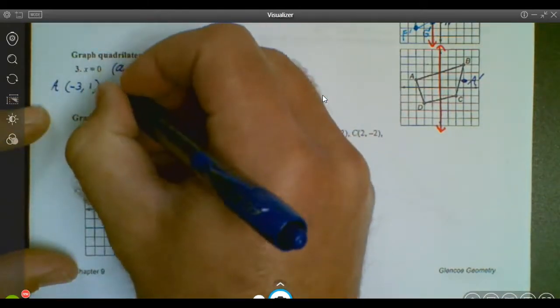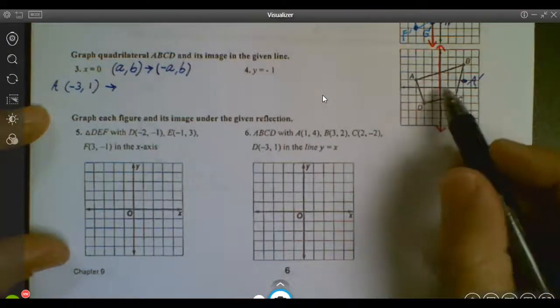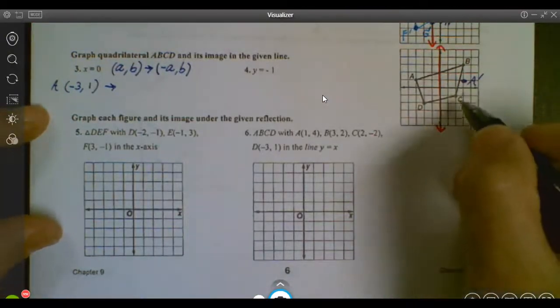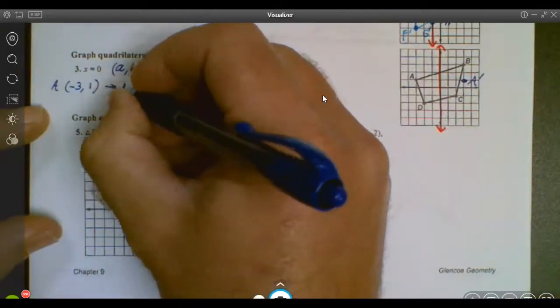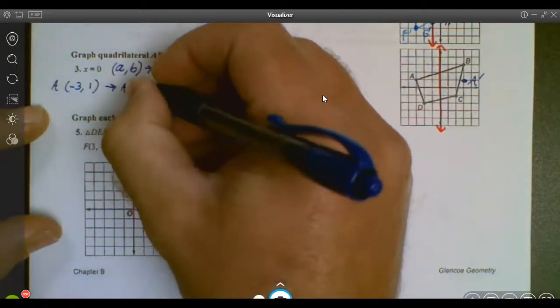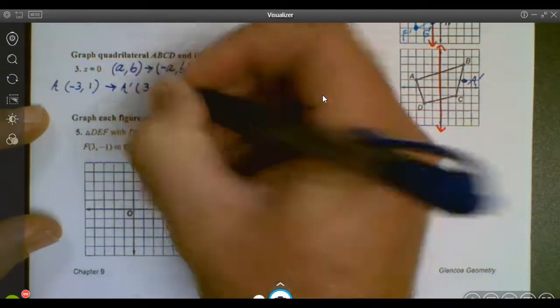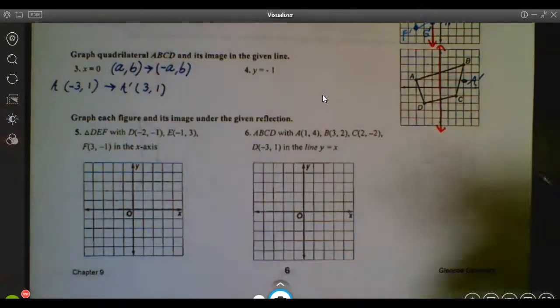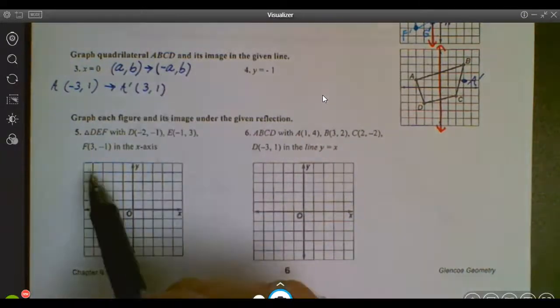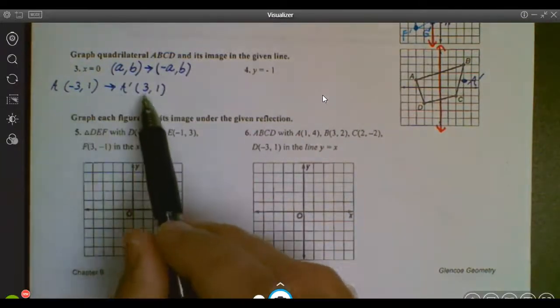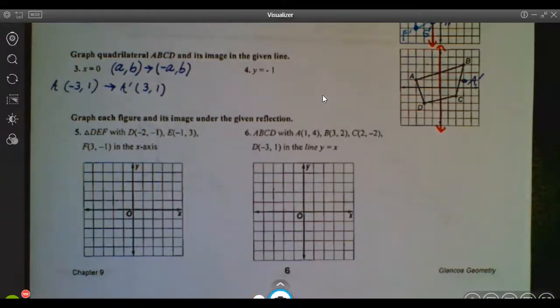Well, what did it become? When it went over to the other side, it became 3, 1. So A prime is (3, 1). Look how the rule fit that description. The sign of my x coordinate changed, and that was it. Negative 3 became positive 3. That's how we got the new point. So that would be your other approach.